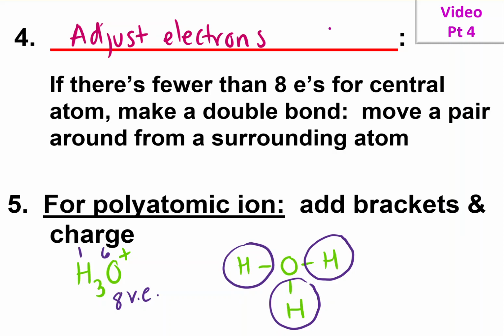So I'll go to my central atom and add the 2 I have left, and I want to pair them up like so. And now if I check, oxygen has all of these, 1, 2, 3, 4, 5, 6, 7, 8. Because this is a polyatomic ion, I do need to put brackets around it and put its charge.